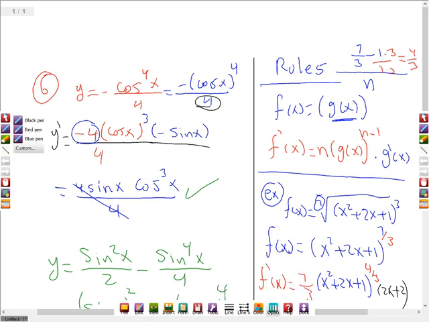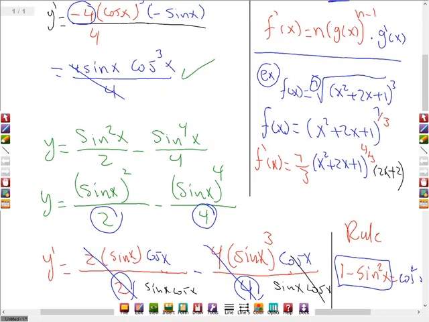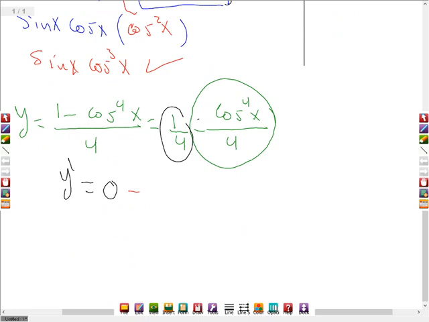And instead of deriving it again, I know that this is the same as this, and this gives me this, and I explained it completely. That means the last choice is also true. This negative, this negative sine x cosine cube x. Go back to the first one, it's the same, which is sine x cosine cube x, which is true.